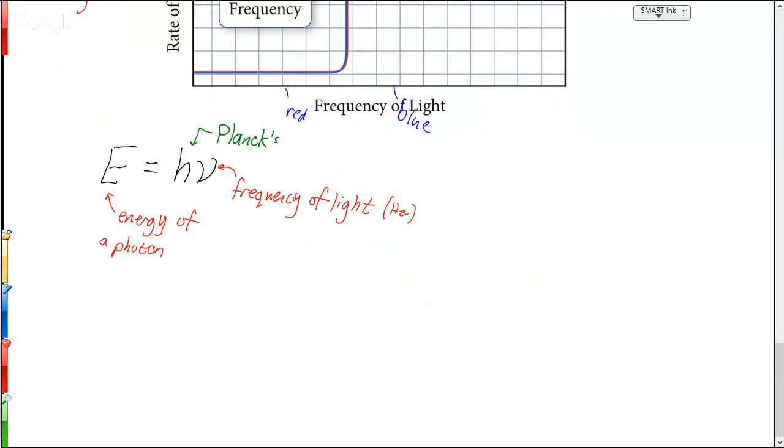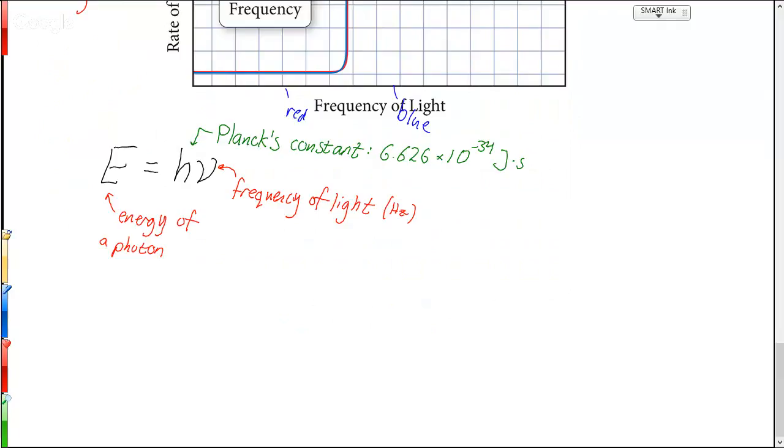It's called Planck's constant. Should we get the right exponent here? 6.626 times 10 to the minus 34 joule seconds. You don't need to remember that number. It'll always be given to you.